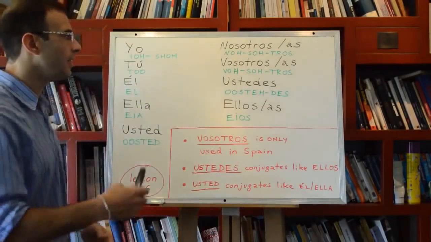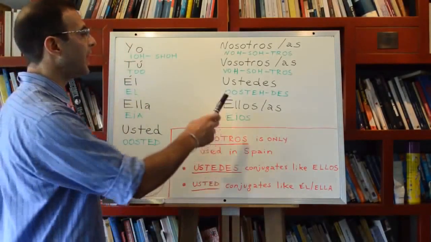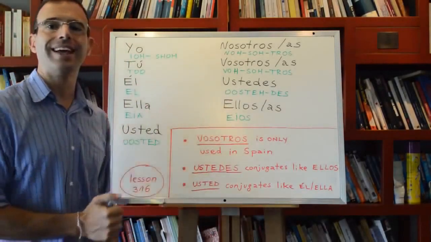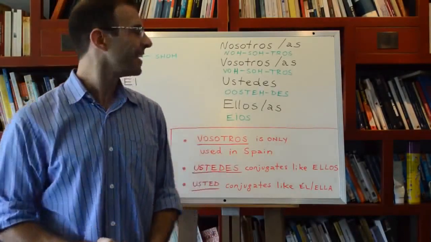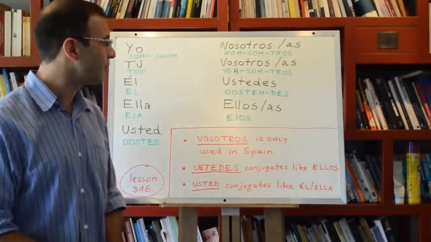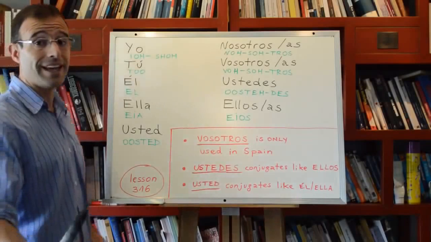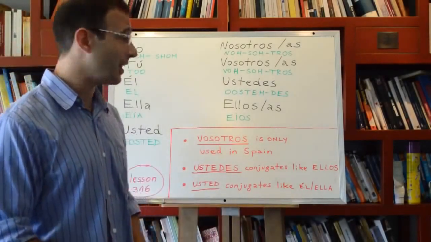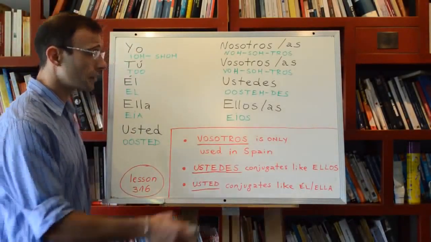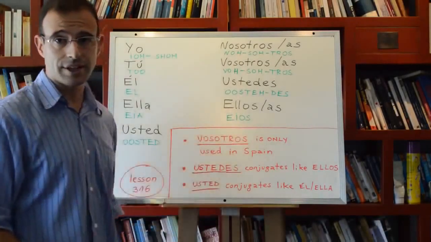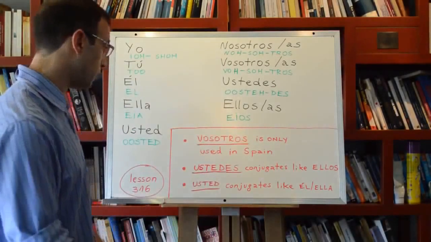Right? That's the E sound in Spanish. And ellos and ellas, okay? Ellos and ellas for they, masculine and feminine, okay? Or ellos and ellas if it were Argentina or Uruguay.